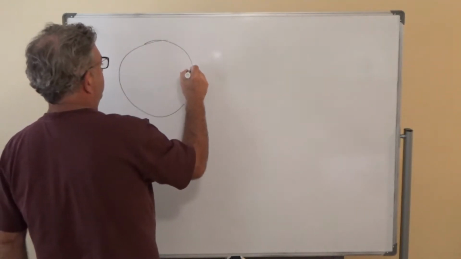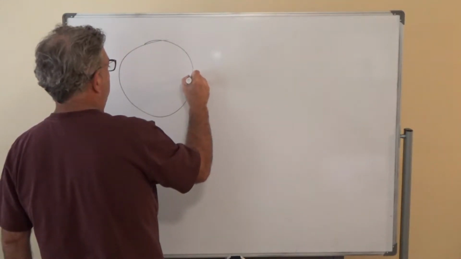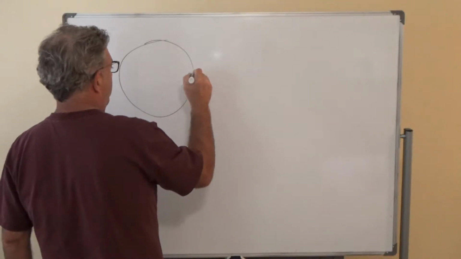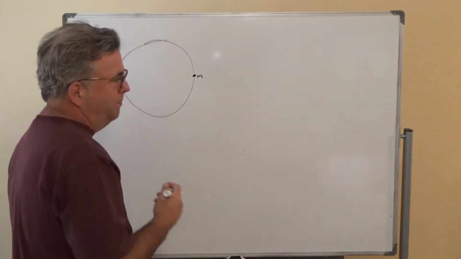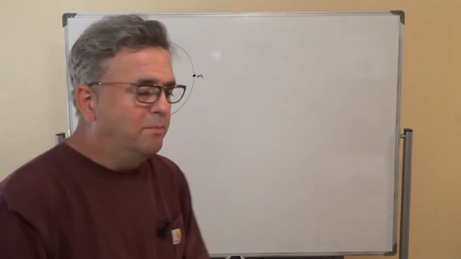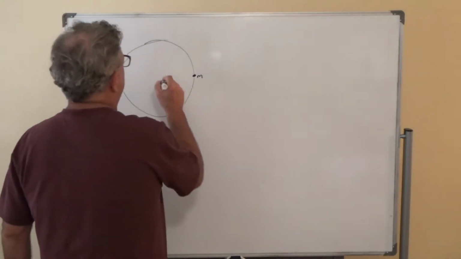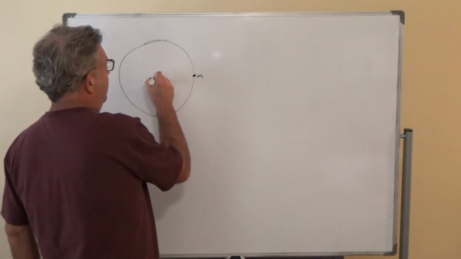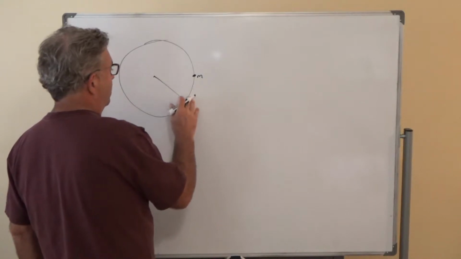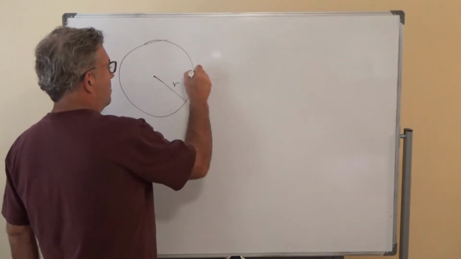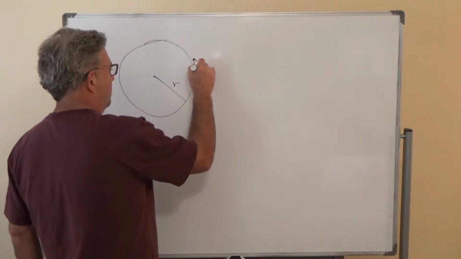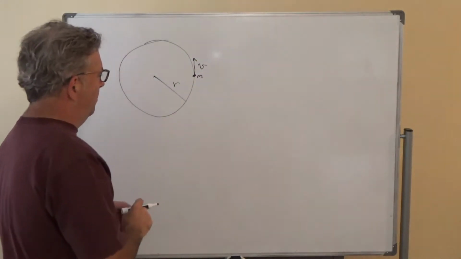You have an object rotating in a circle, but now we're going to give it a mass m. In the previous stuff we just said it's an object rotating and didn't know anything about its mass. So give it some mass m, rotating at some radius r, with a tangential velocity v.